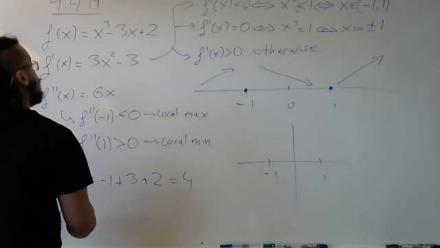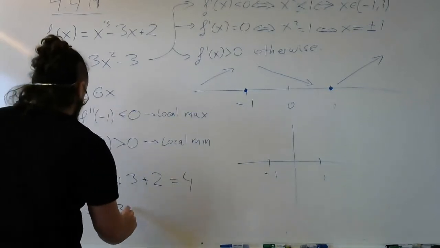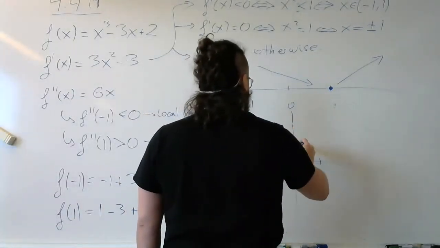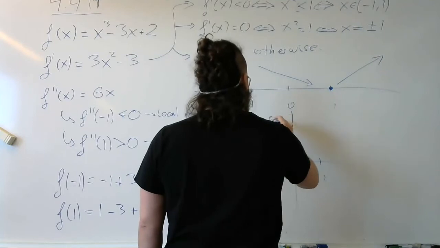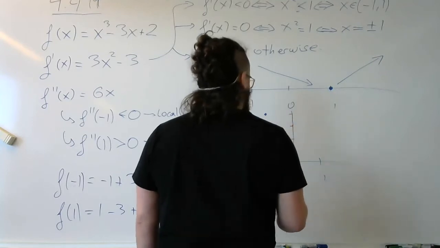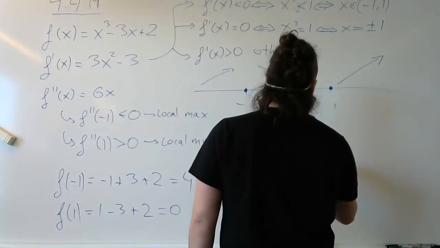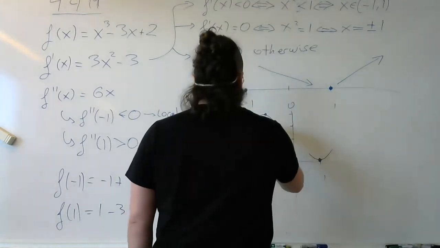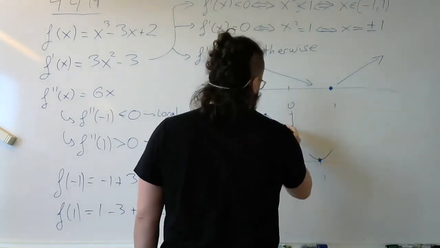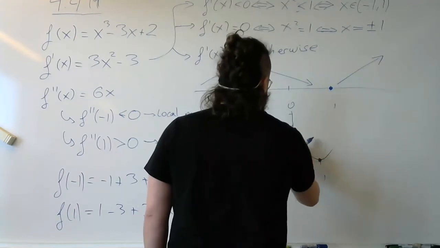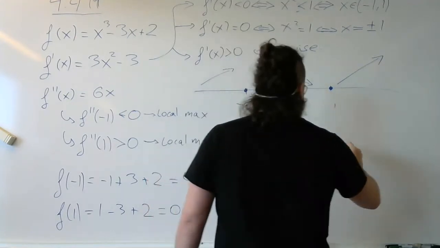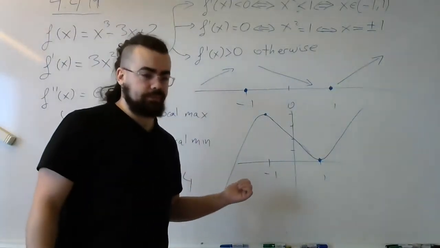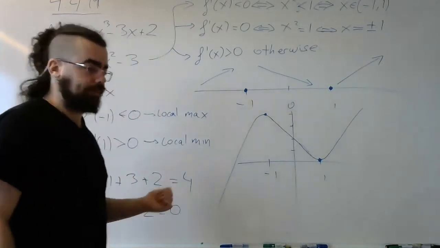And f of 1 is 1 minus 3 plus 2, which is 0. So more or less, that's our function. Questions?